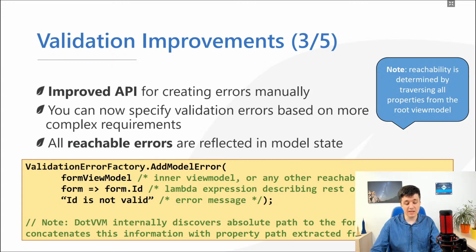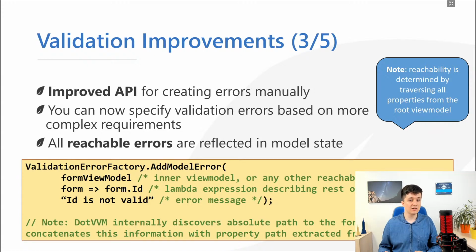So the important thing that I briefly mentioned but haven't talked much about: whenever you are manually adding these errors, we will perform a reachability analysis. For example, what it means is that in this case, the form view model needs to be reachable from the root view model. And if it's reachable, the error will be added to the model state.